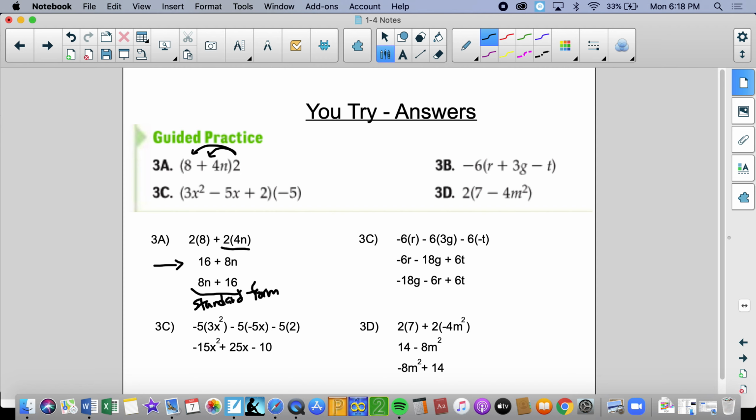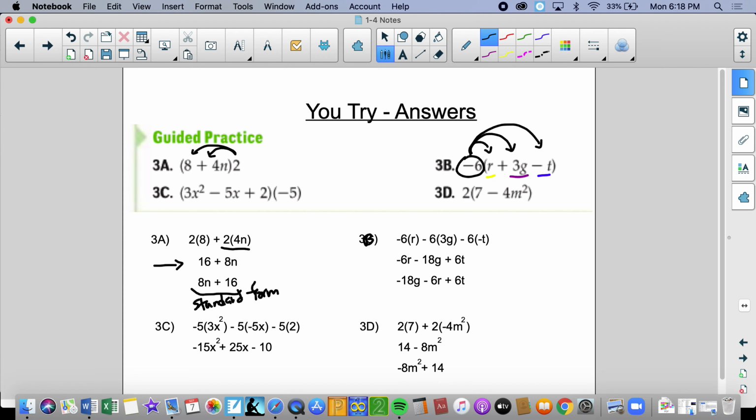Let's look at 3b. So we are distributing a negative 6 into the r, the 3g, and the negative t. So we're going to take the negative 6 times r, the negative 6 times the 3g, the negative 6 times the negative t.